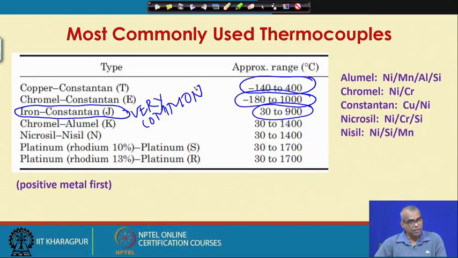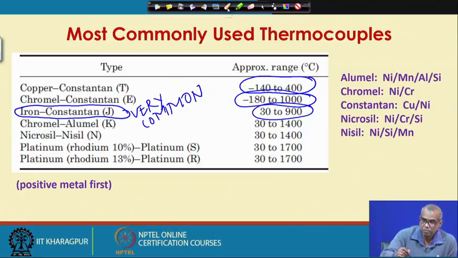So, platinum rhodium 10% is one metal, platinum is another metal. This combination can be used in the approximate range of 30 to 1700 degree Celsius. Similarly, platinum rhodium 13% and platinum can be used in the same range of 30 to 1700 degree Celsius.